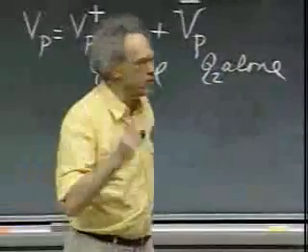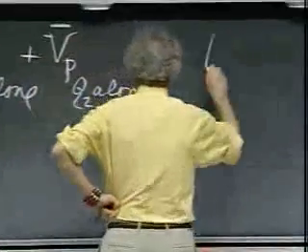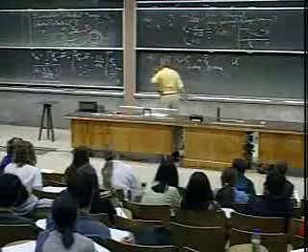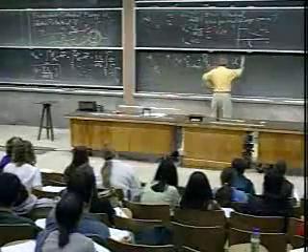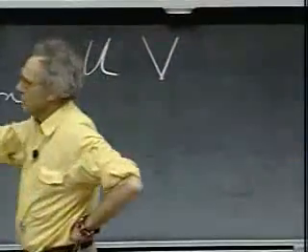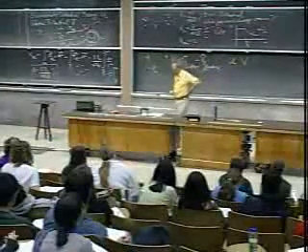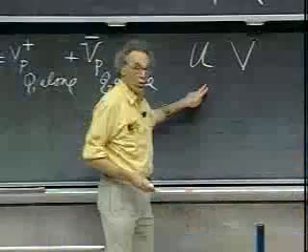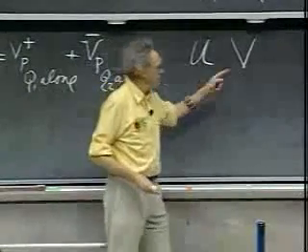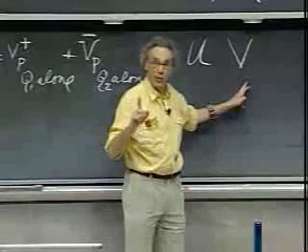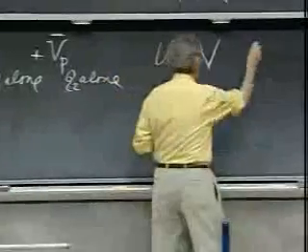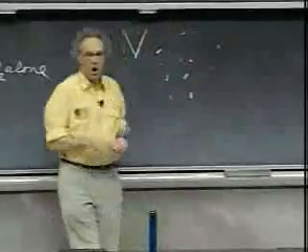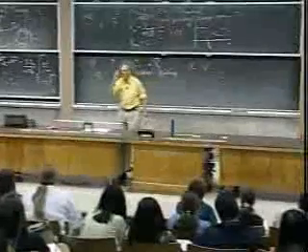Never confuse U, which is electrostatic potential energy, with V, which is electric potential. This has unit joules, and this has unit joules per coulomb, which we call volts. If I have a collection of charges, pluses and minuses, U has only one value.